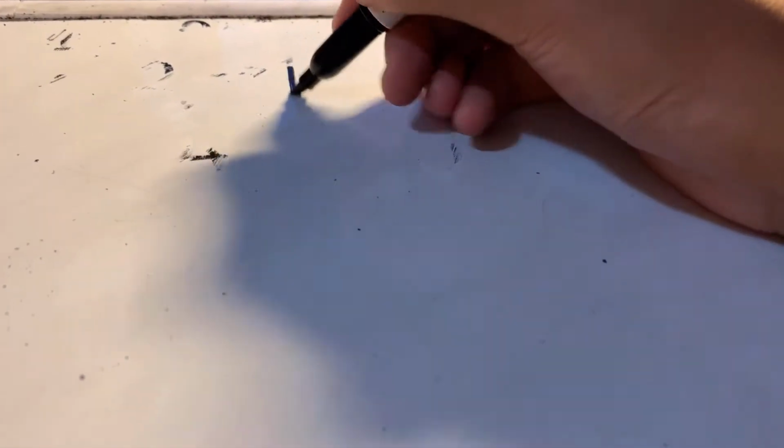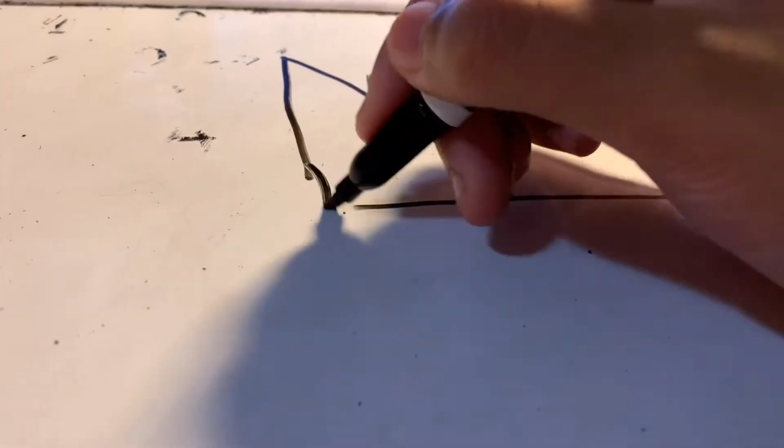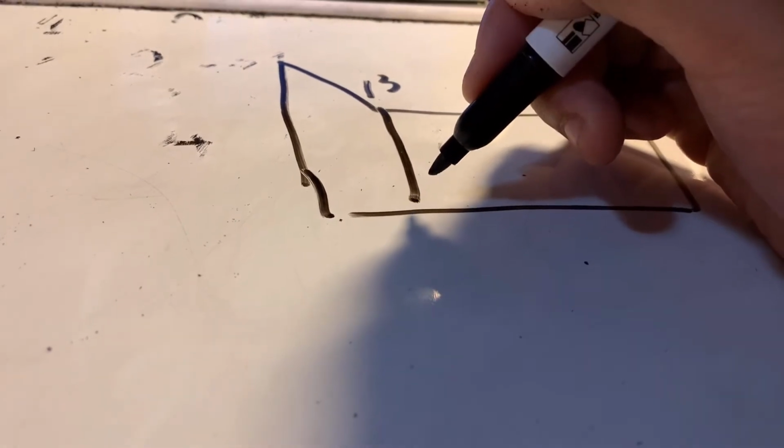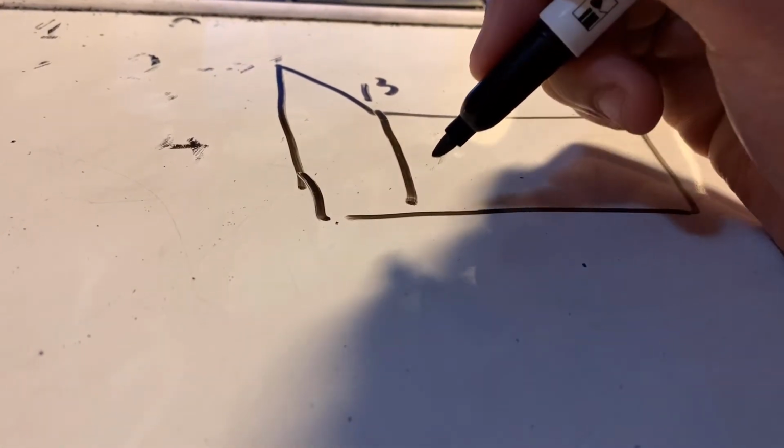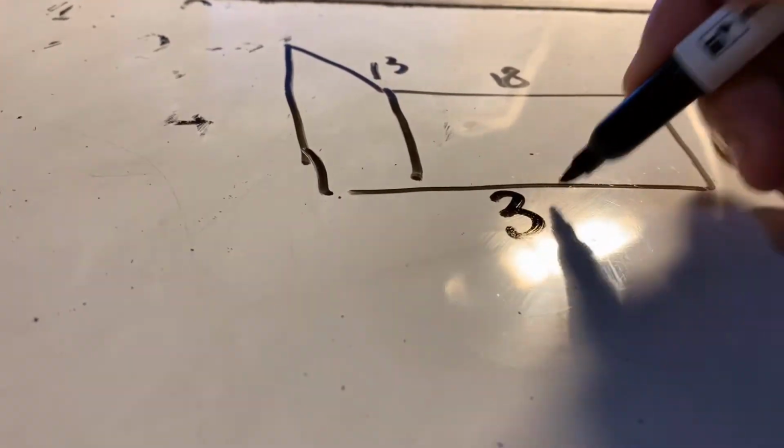In the diagram, pentagon PQRST has PQ equal to 13. We want the area of this pentagon. Let's do this problem. It has a perimeter of 82, so we know that this is 30, right?